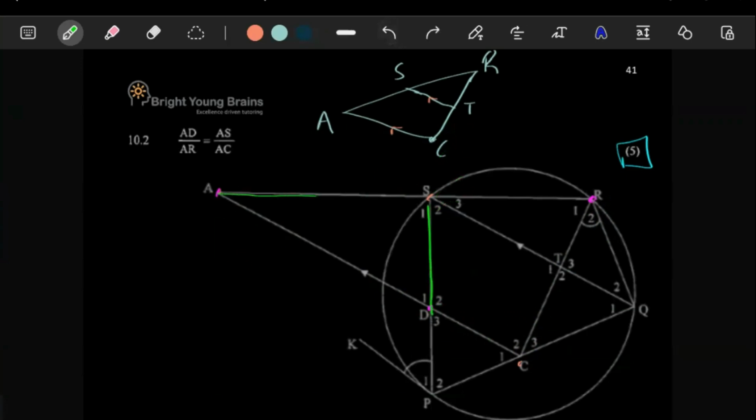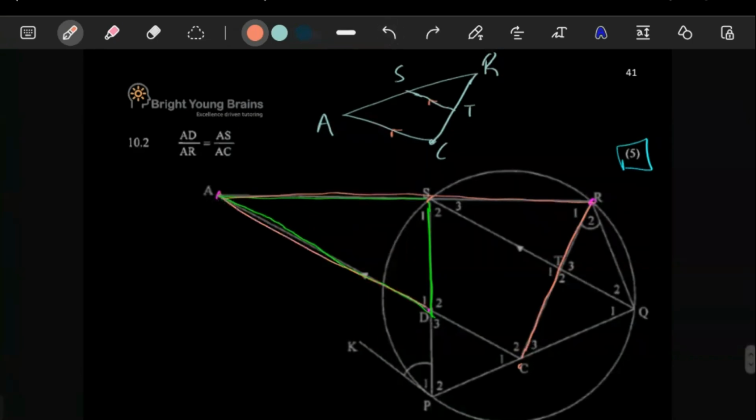Let's see if there's a way that they're similar. I think they should be because they already have a common angle, which is A. So let's see here, and then here, the big one over there. There we go.